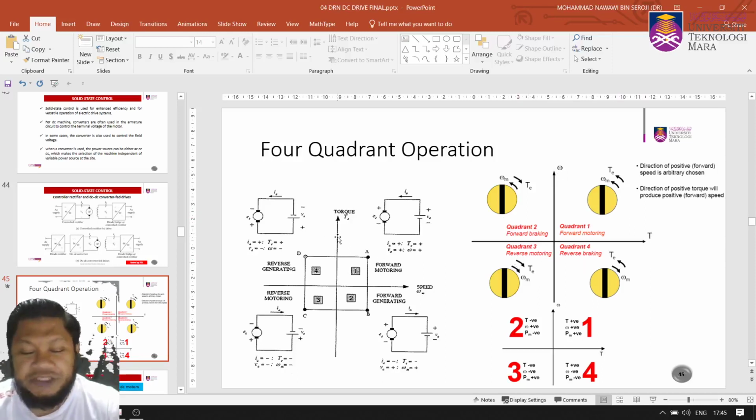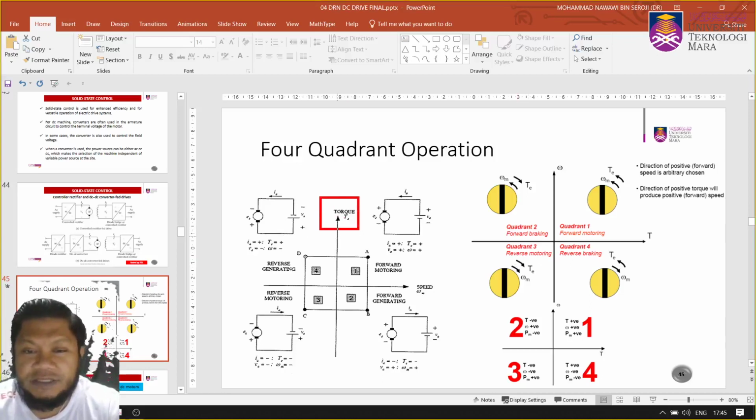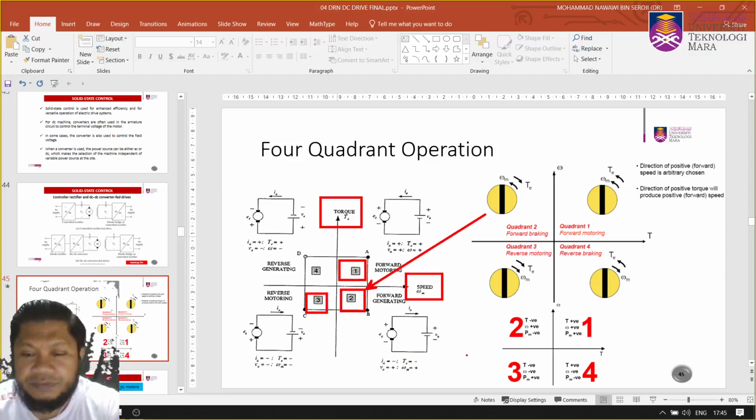If you change the axes to torque versus speed, the quadrants always follow the sequence Q1, then Q2 here, then Q3, which is the same as the previous one, and Q4, which is the opposite of that.